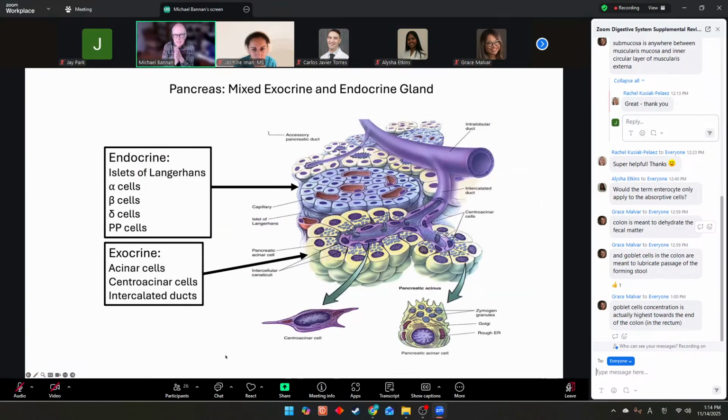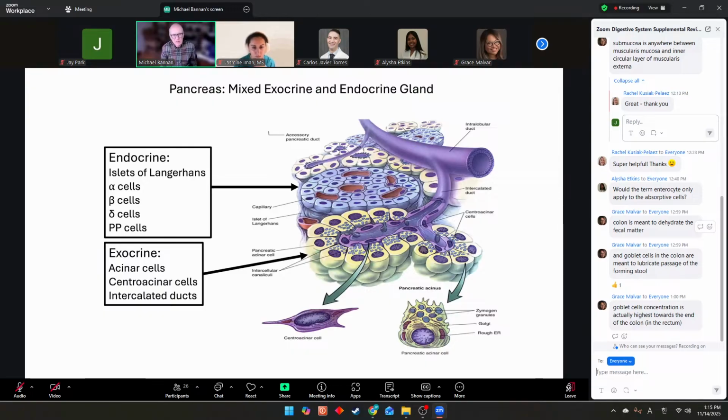So let's look at this diagram of how the endocrine component of the pancreas works together with the exocrine component of the pancreas. You can see that the endocrine component is a very small proportion of the total volume of the pancreas. It is in the structures called the islets of Langerhans.